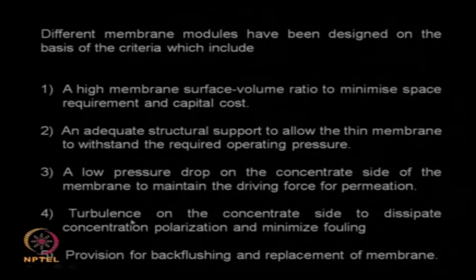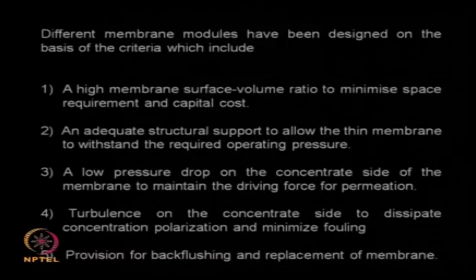We want to have good turbulence, so that we minimize fouling and concentration polarization. We should have provision for back flushing and replacement of the membrane. That means after 1000 hours or so, or many 100 hours, I should be able to back flush and remove the foulant.